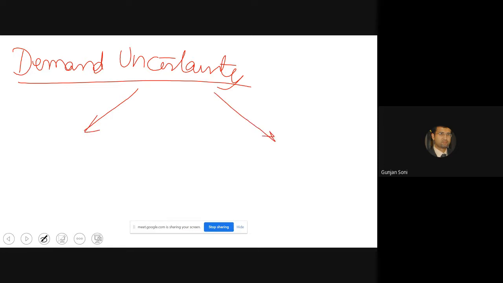One type of uncertainty is one for which the supply chain is ready, and the second type is one for which the supply chain is not ready, or you can say unforeseen circumstances.